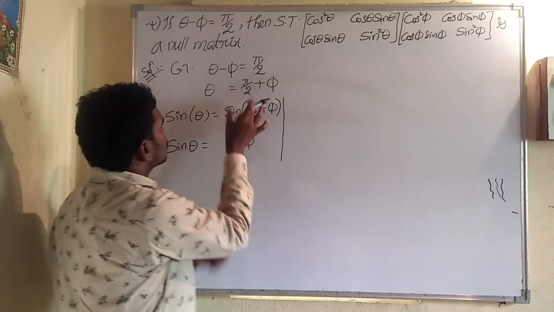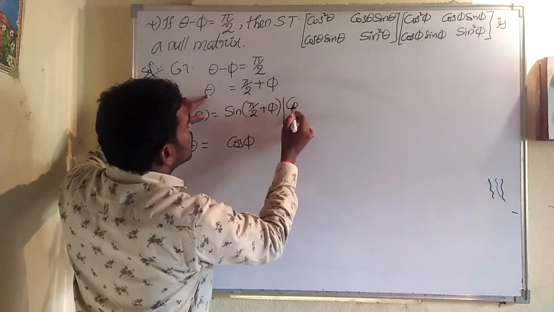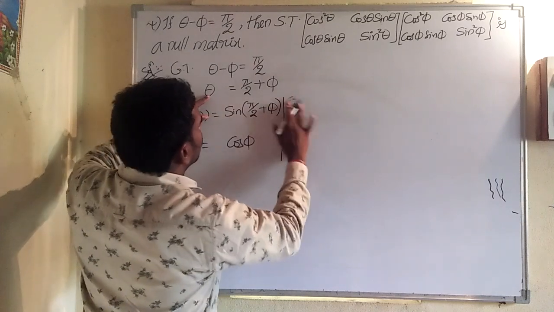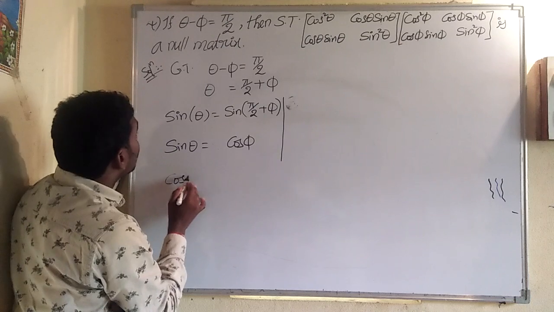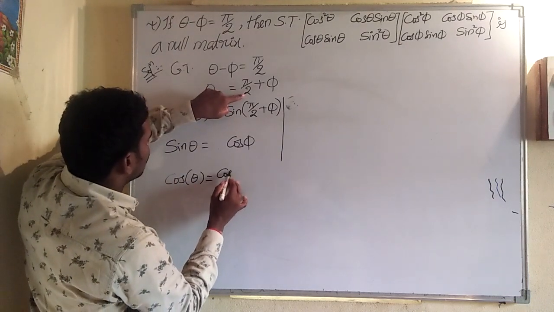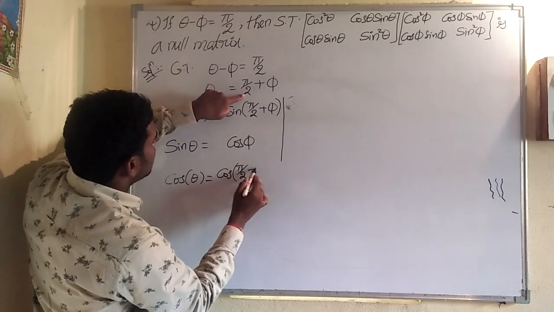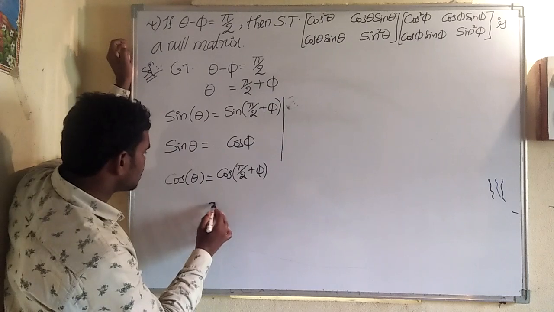Next, applying cos on both sides, cos theta is equal to cos of 90 plus phi.